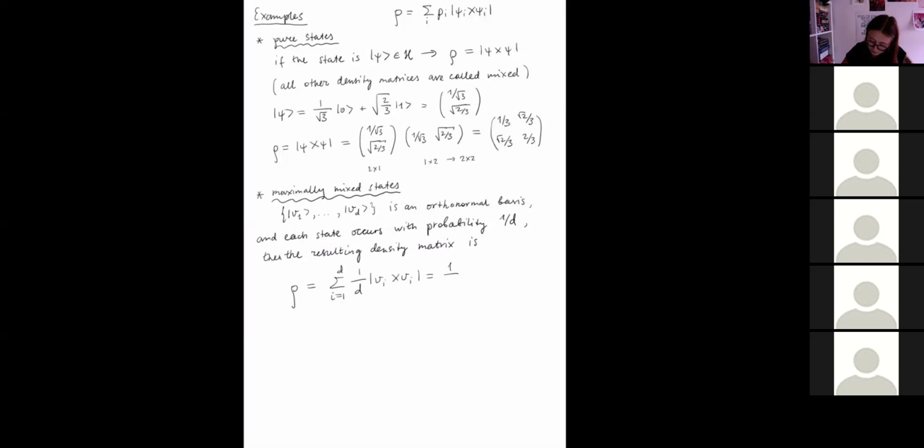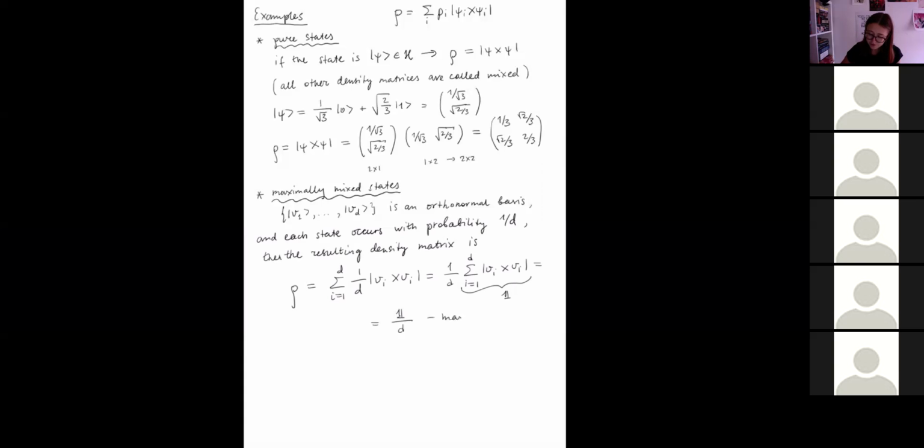So this is just 1/d times the sum over i of |v_i><v_i|. If we look at how the matrix corresponding to this sum looks in the orthonormal basis from v_1 to v_d, we see that it only has diagonal elements, and all of these diagonal elements are 1. So this sum corresponds to the identity matrix. Then this density matrix is just the identity matrix over d.